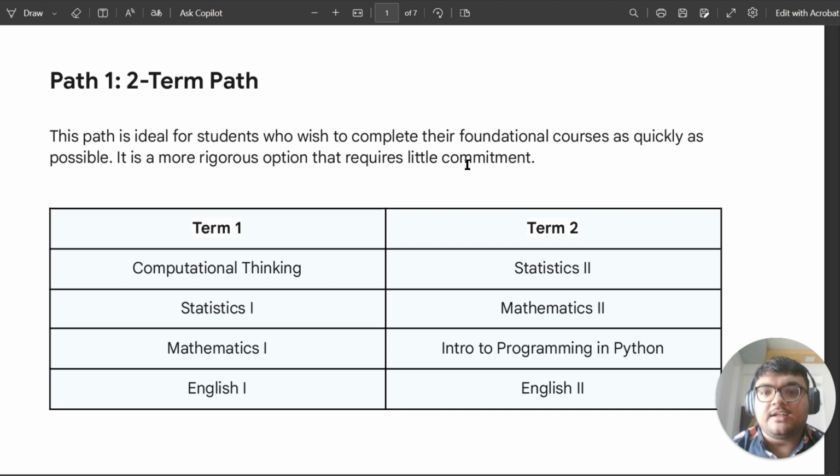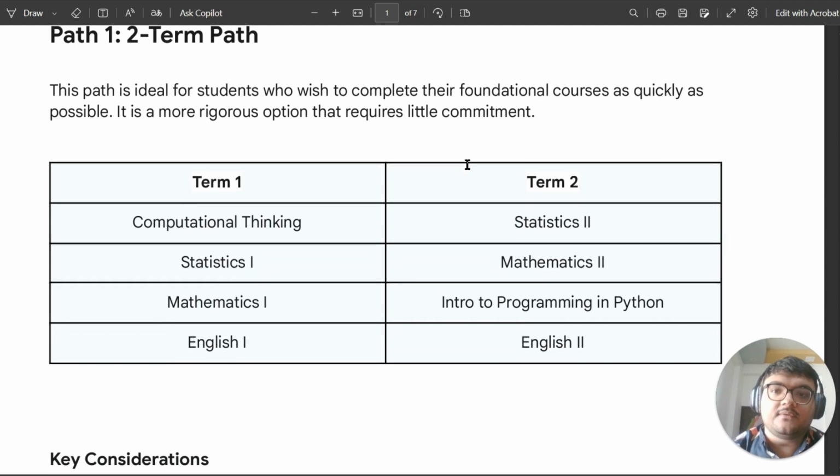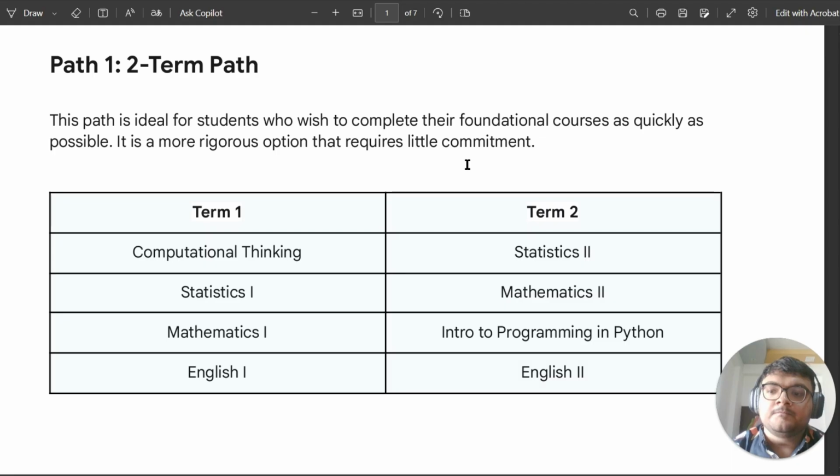Dual degree students also can take this, but if you have more workload towards the other degree that you're doing, then you should consider the other option, because Stats 2 and Maths 2 together is a little heavy. Besides, the initial parts of Maths 2 may be things that you have studied in the past.